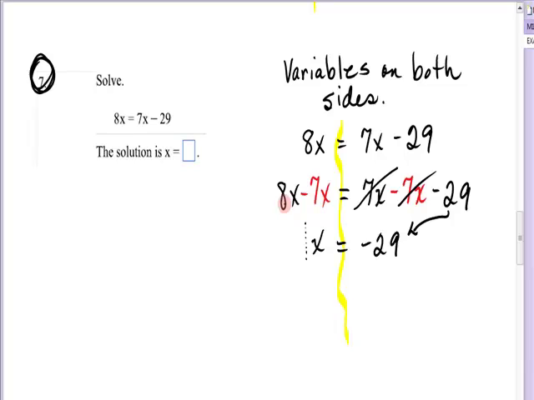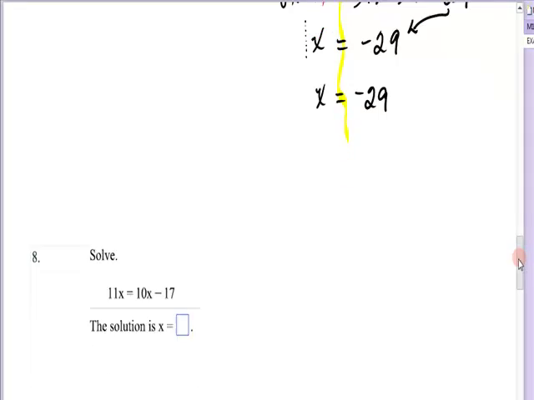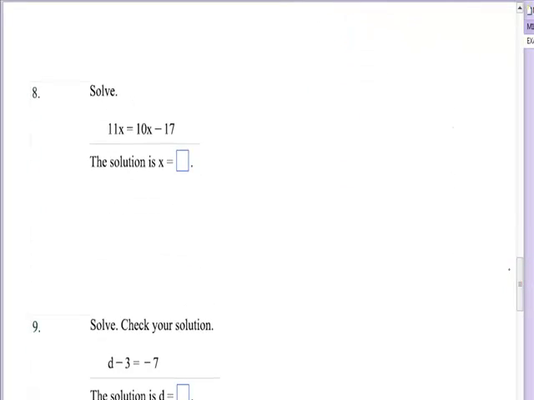Just like if you had 8 apples and you took 7 apples away, you would have 1 apple left over. So we don't write the 1, we would just say x is negative 29. When you have variables on both sides, you have to, either using addition or subtraction, get rid of one of them. That's not a mathematical way to say it, but it is what you need to do.